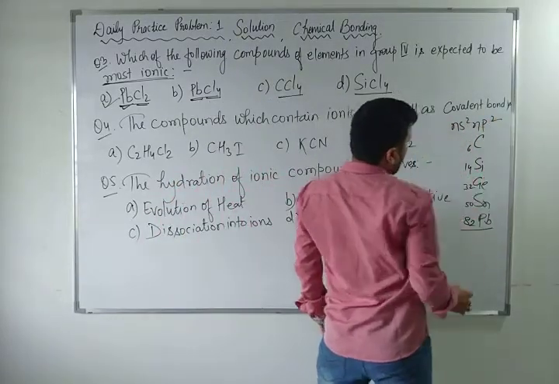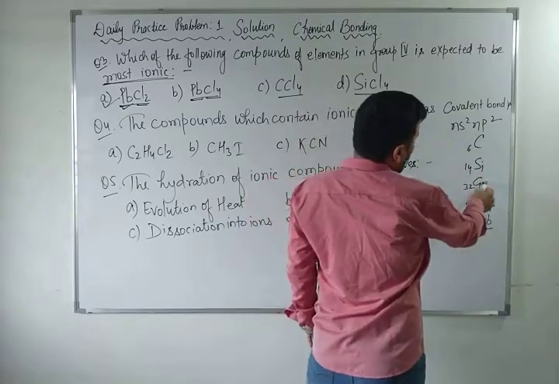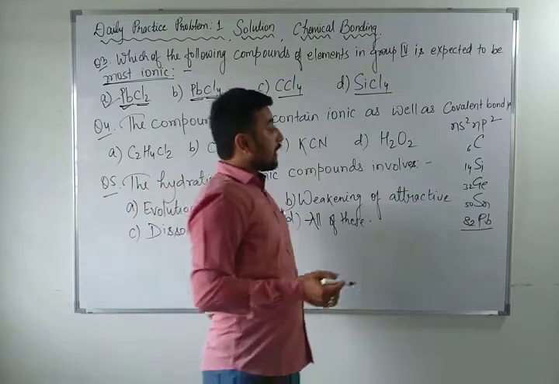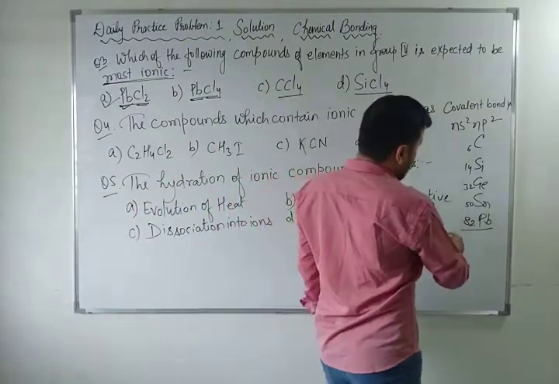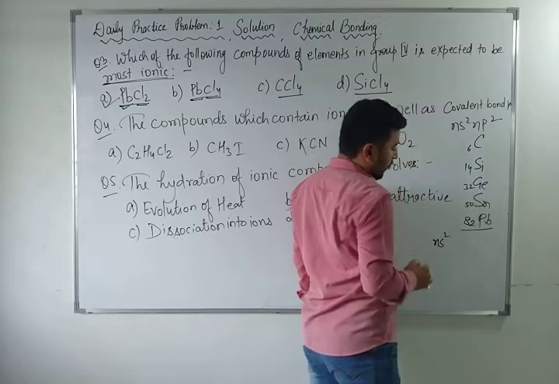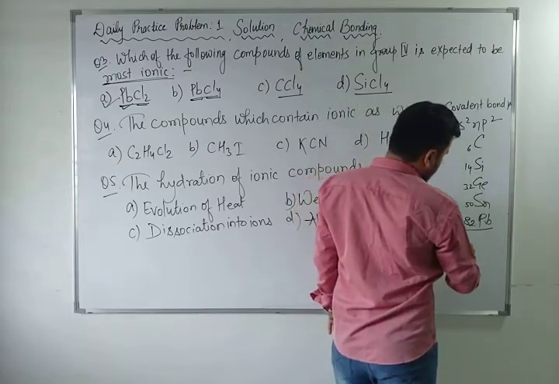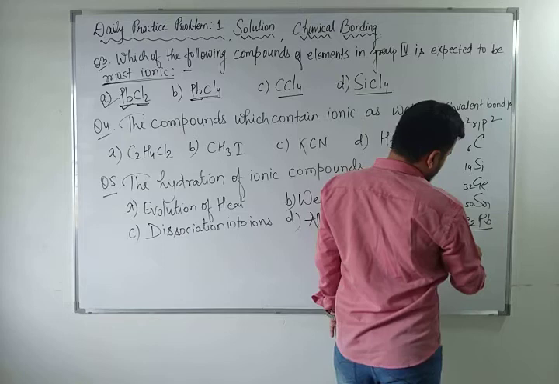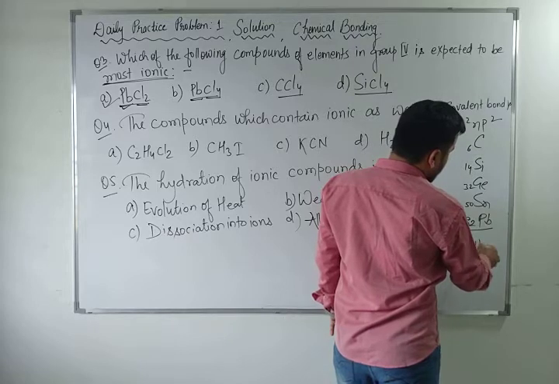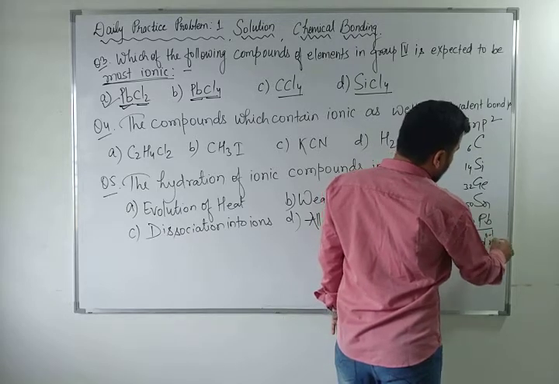Lead is in the 6th period. In the 6th period, after the s orbital there is the f orbital, (n-2)f14, then (n-1)d0 to 1, and then np2.